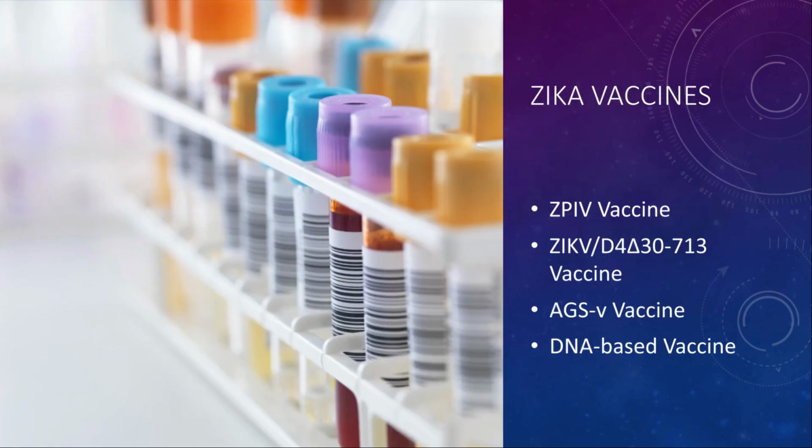Zika vaccines. As of August 16, 2018, the National Institute of Allergy and Infectious Diseases, NIAID, has been developing a few vaccines against the Zika virus. Some are the ZPIV vaccine, the ZIKV/D430-713 vaccine, the AGSV vaccine, and the DNA-based vaccine.